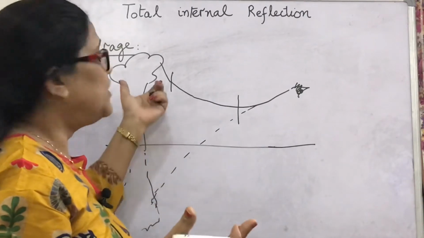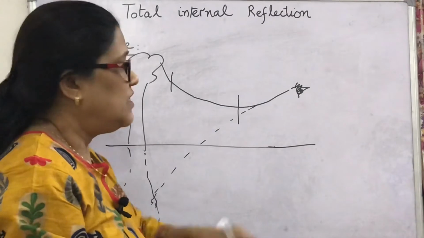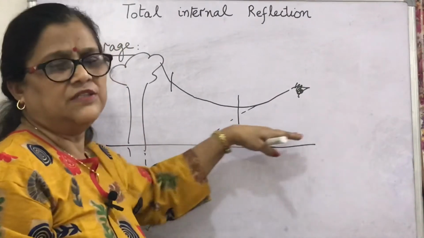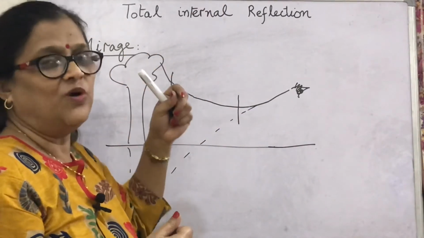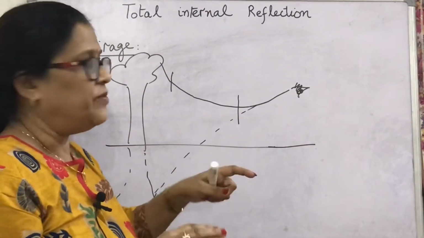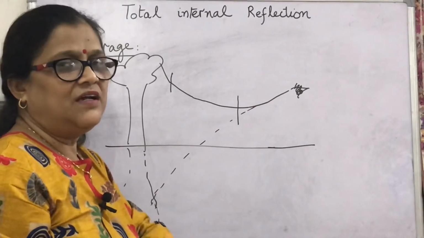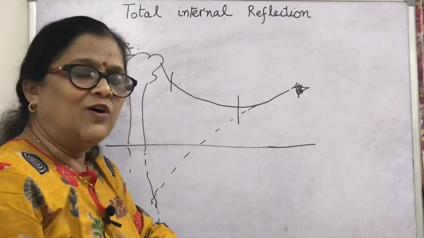So this is the reason behind the mirage. Also, in cold countries, the ships or boats at the lakes or the seas seem to be hanging in the atmosphere. This is called looming, the same phenomenon, total internal reflection. Also seen behind the shiny surfaces at the highways, at the roads in hot summers.